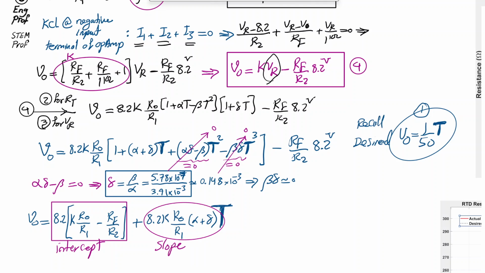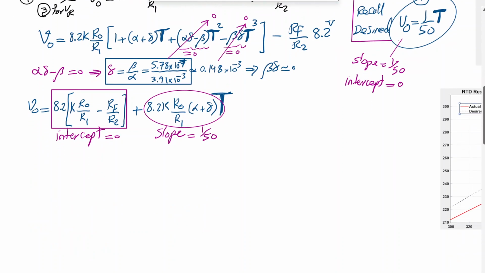Obviously, when you look at the desired response, slope is 1 over 50, and intercept is 0. So we're going to do that exactly. Intercept has to be 0, slope has to be 1 over 50. So how do we set these?